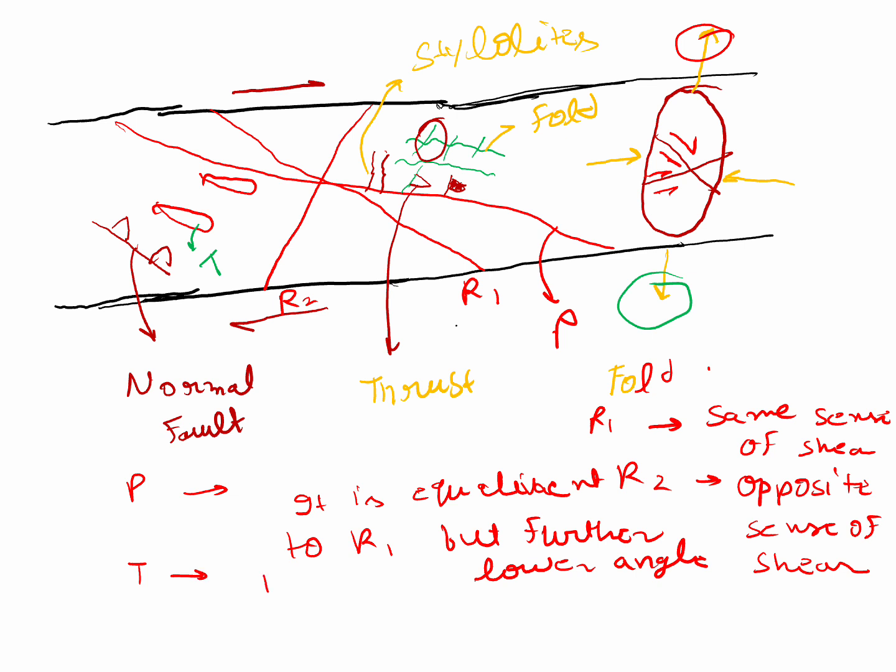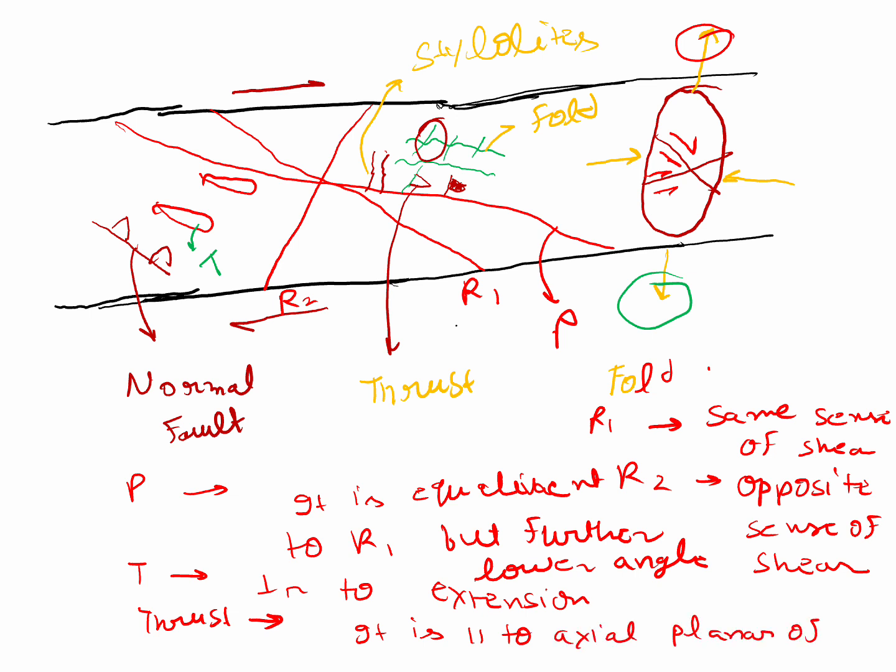T is basically perpendicular to the extension. Thrust is basically parallel to the axial plane of the fold. Stylolite is also parallel to the axial plane of the fold. Normal fault is perpendicular to the stretching direction and parallel to these T fractures. This is a T fracture.